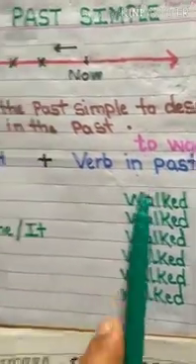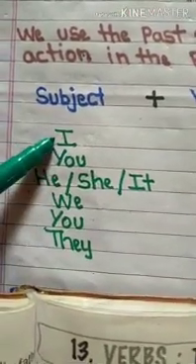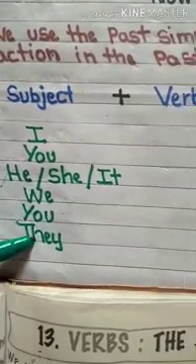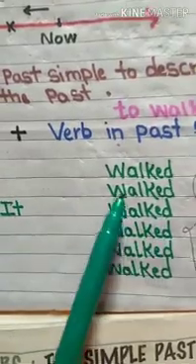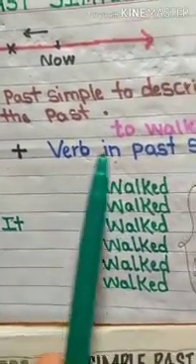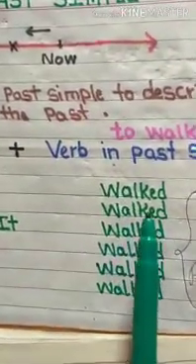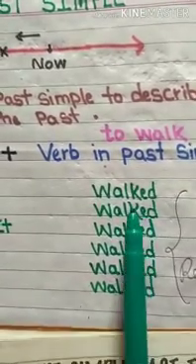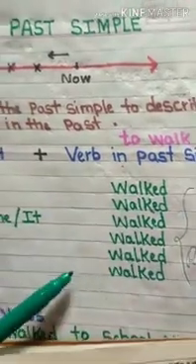So how do we form it? These are the subjects: I, you, he, she, it, we, you, they. In that we use the verb walk, and in the past simple form it will be walked, because we usually add d or ed to regular verbs.